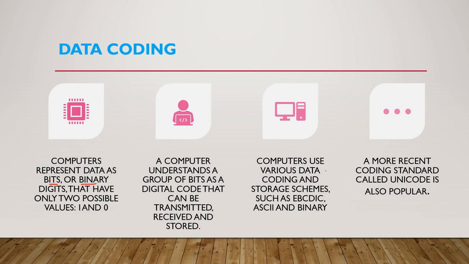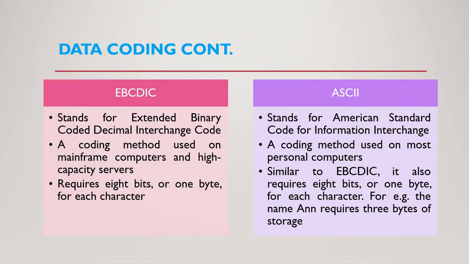Computers use various data coding and storage schemes such as EBCDIC, ASCII, and also binary. And we also have Unicode as the more recent coding standard. Unicode is also becoming popular. So this is the explanation for data coding, alright?